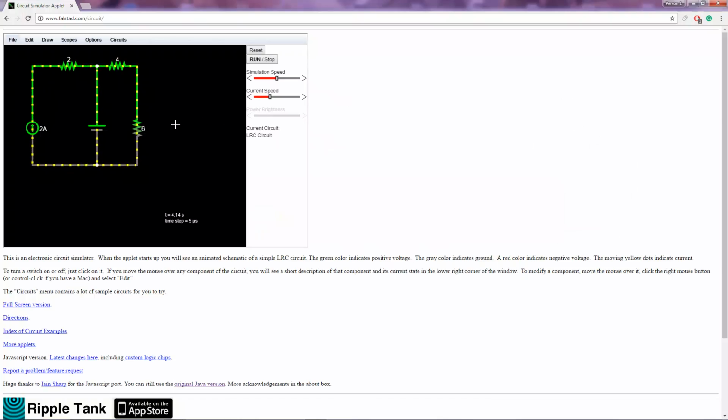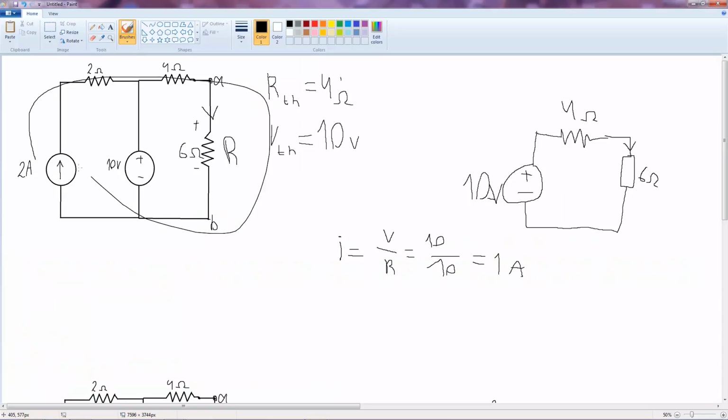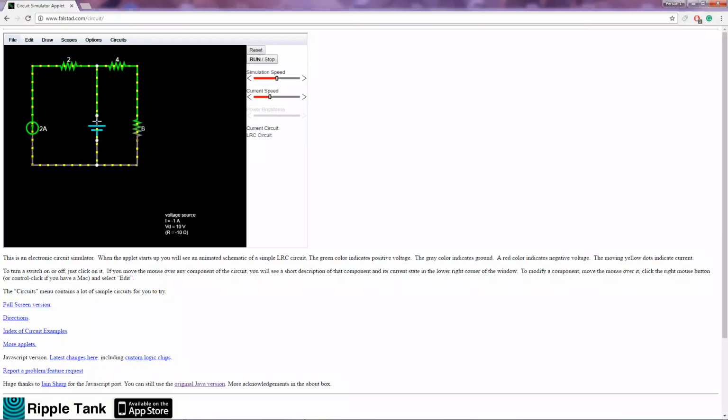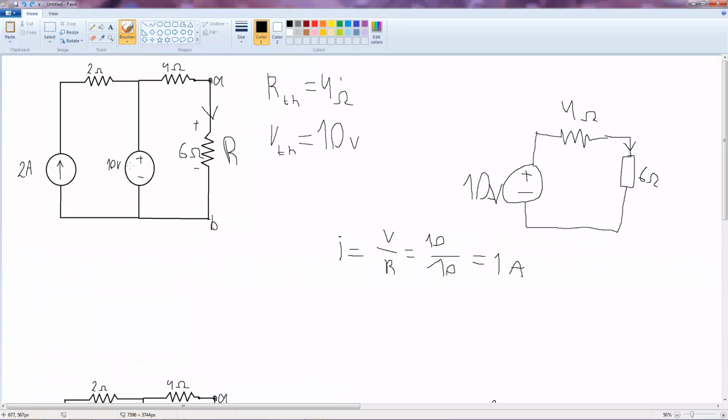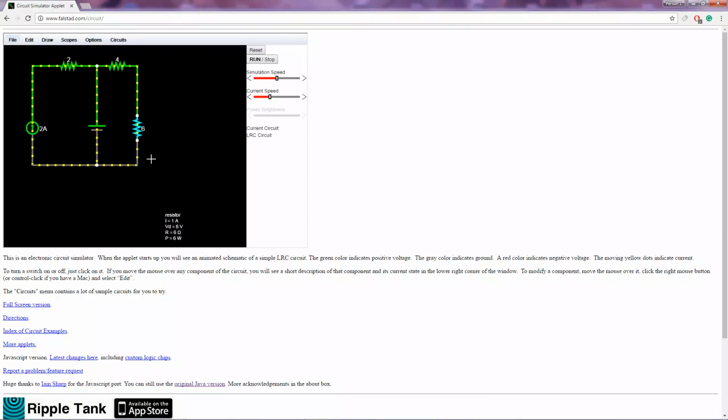I have a circuit simulator here, and this is the exact copy of this circuit. As you can see, everything is the same, and this representation or display is different, but it is a voltage source equivalent to this one. And as you can see down here, along this wire we have 1 ampere going through. It says 1000 milliamperes, and 1000 milliamperes is 1 ampere.